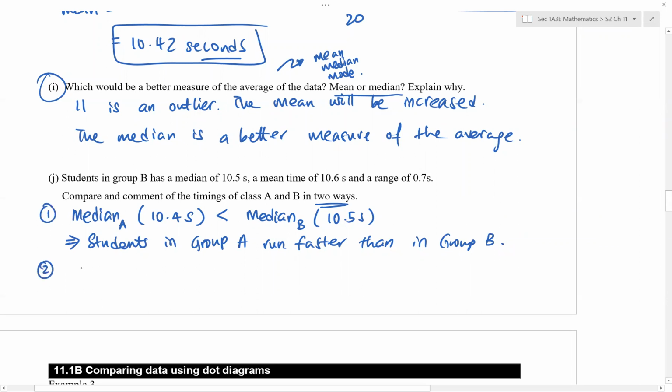Our second comparison, let's look at the range. Range for A, which is 0.9 seconds, is greater than the range for those in group B, which is 0.7 seconds.